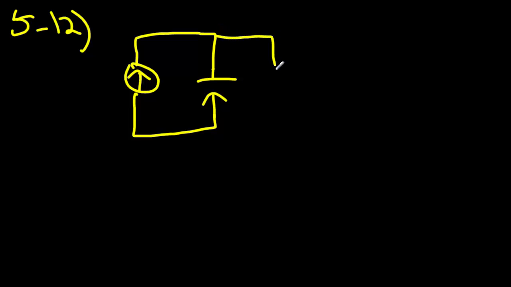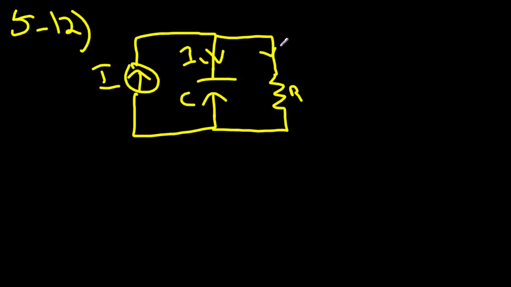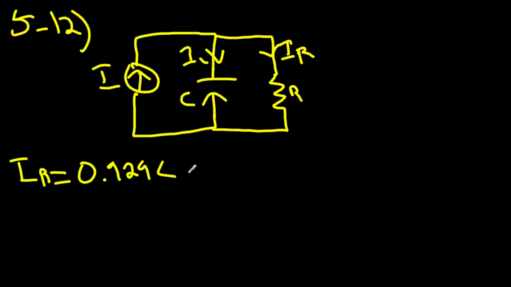That's the capacitor. This is a resistor. That's R, that's C, and right here we have a current I_C. This is a current I, and this is a current I_R. Now we're given I_R equals 0.929 at an angle of minus 21.8 degrees.